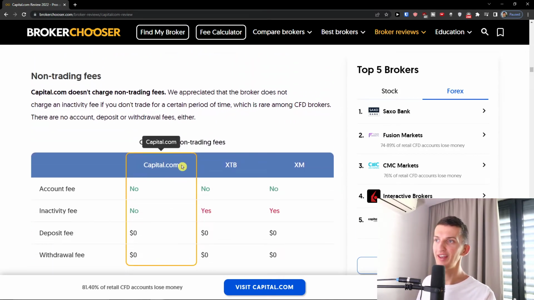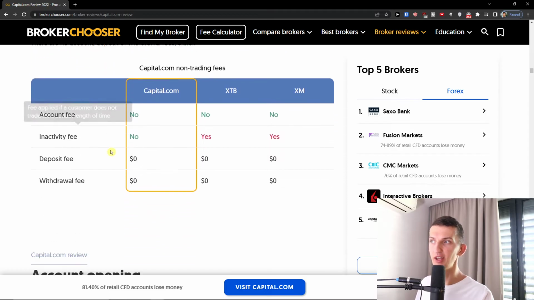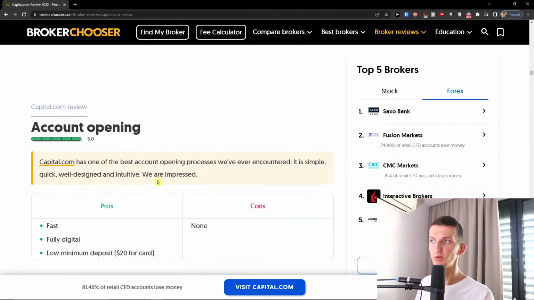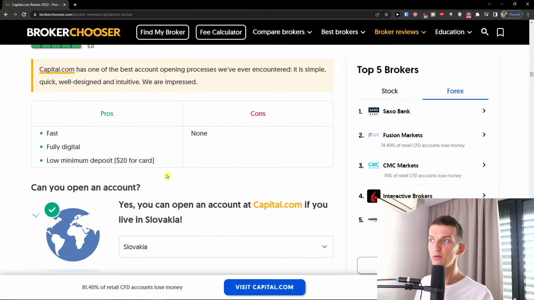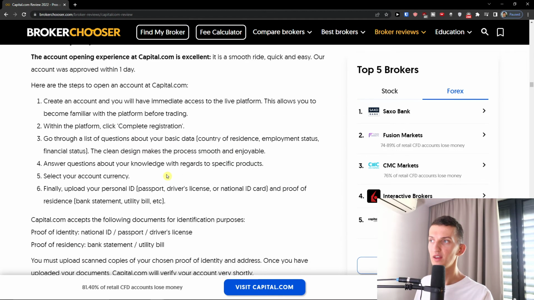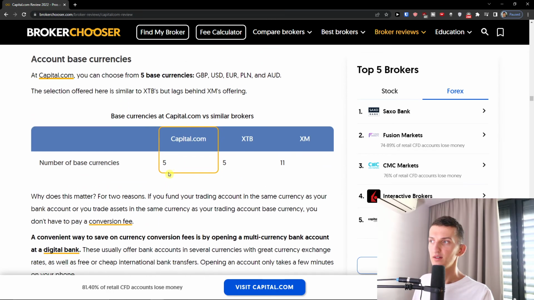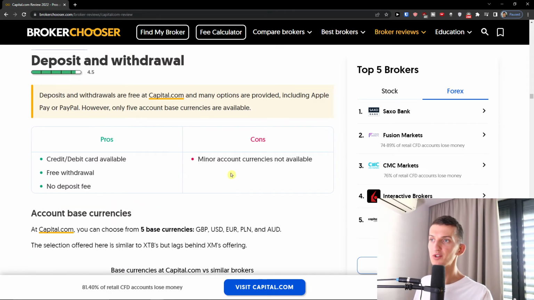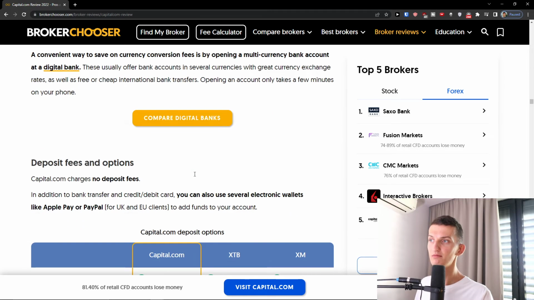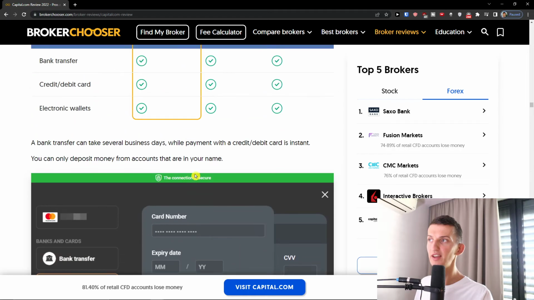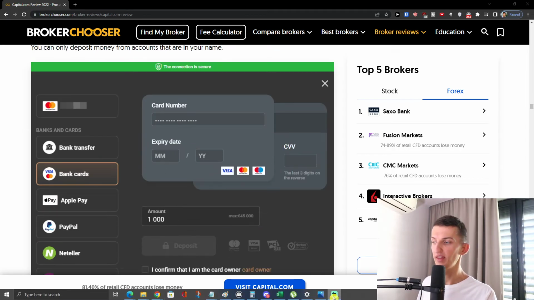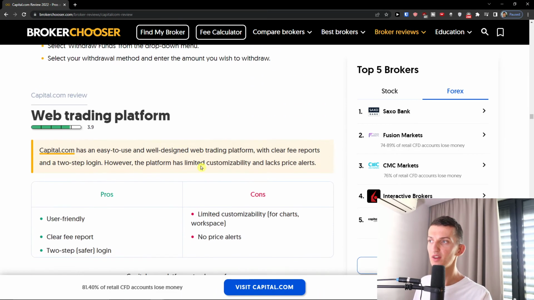So you see that they don't have any inactivity fee, any account fee, any deposit, any withdrawal fee, and it's really good. So account opening is fast, fully digital, with a low minimum deposit. Deposits and withdrawals also: no deposit fee, free withdrawal. Simple as that.